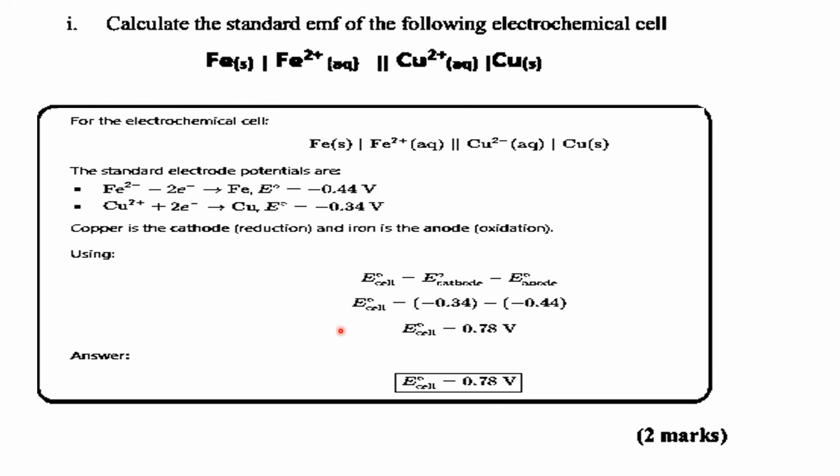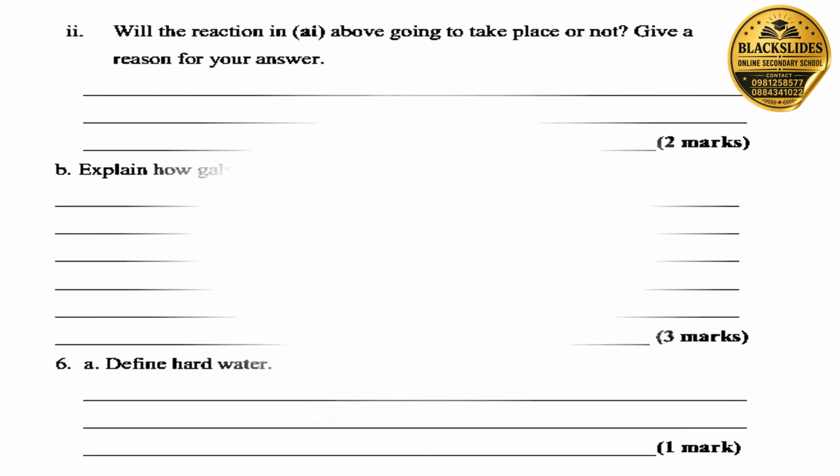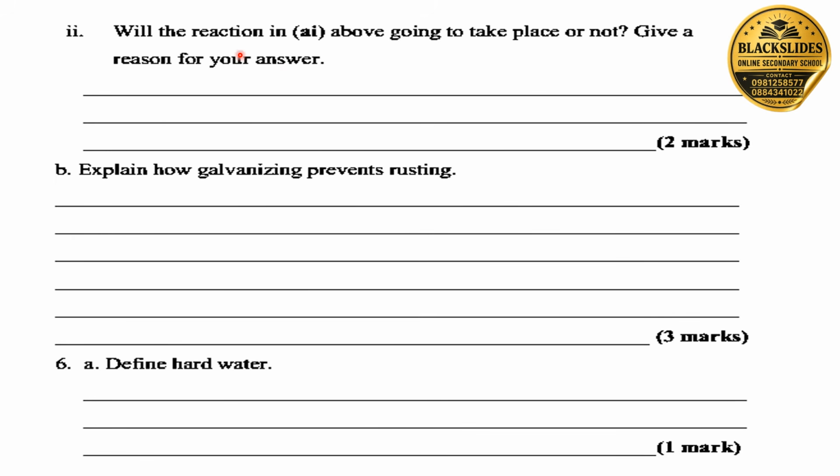Welcome, learners. We are asked to figure out whether the reaction is going to happen or not, giving a reason. The answer is yes, it's going to happen. This is because iron is more reactive than copper.